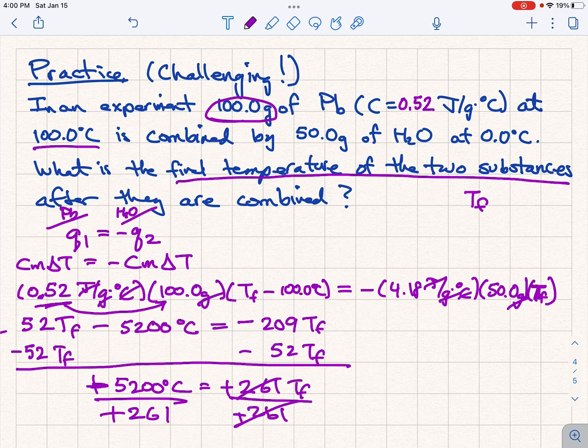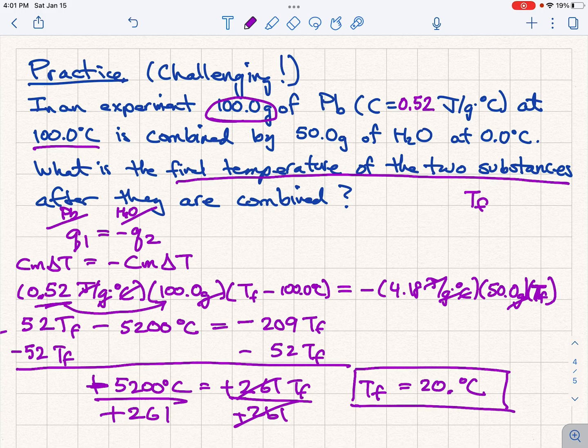All right, so T final now is just going to be 5200 divided by 261, rounded to 2 significant digits. That's going to be 20 point, because it's 19.92, and so on. Remember the little decimal there makes the 0 significant. So anyway, T final here is going to be 20.